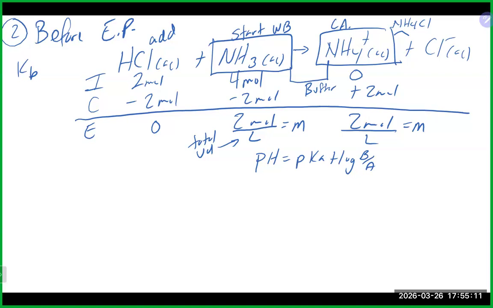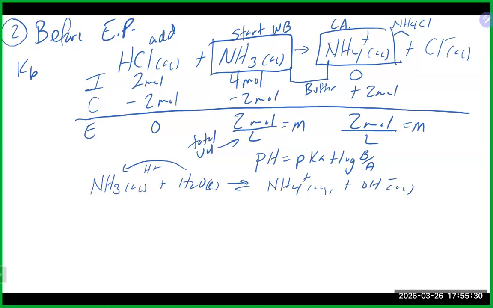Alternatively, you can do an ice table, and you actually have a couple of options. You could just do a weak base ice table here, and you can use the Kb value.